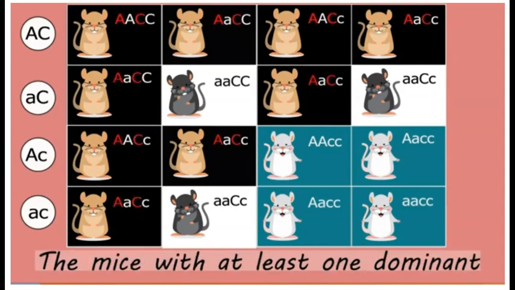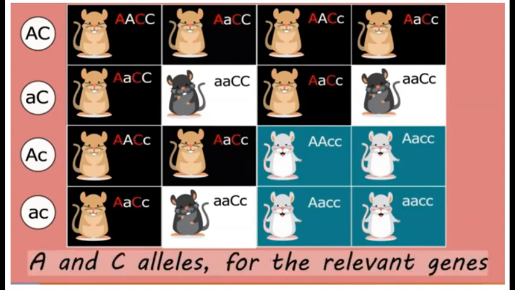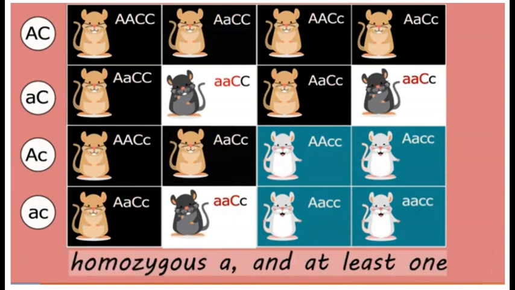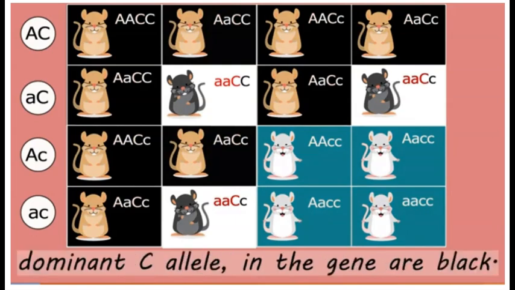The mice with at least one dominant A and C allele for the relevant genes are agouti, and the mice with recessive homozygous A and at least one dominant C allele are black.